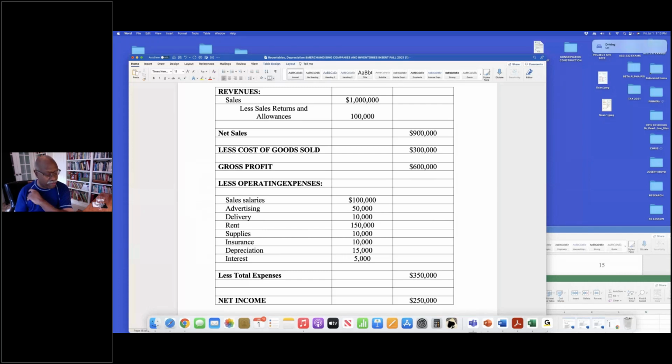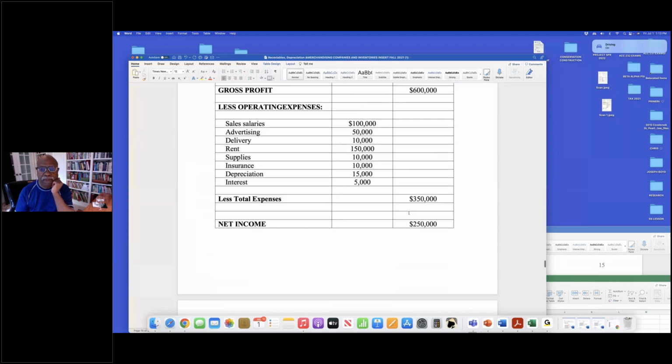Now tell me closing entry three. What's closing entry three? The net income, 250. Yes, net income is 250. What's the closing entry?